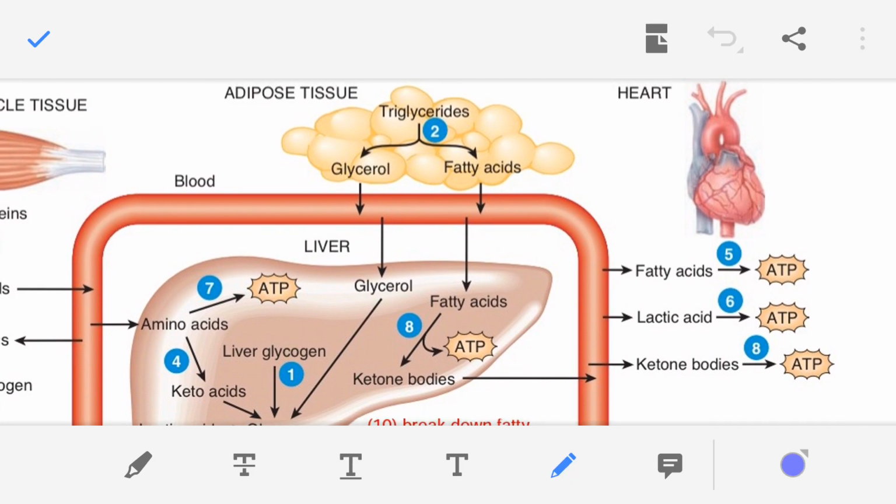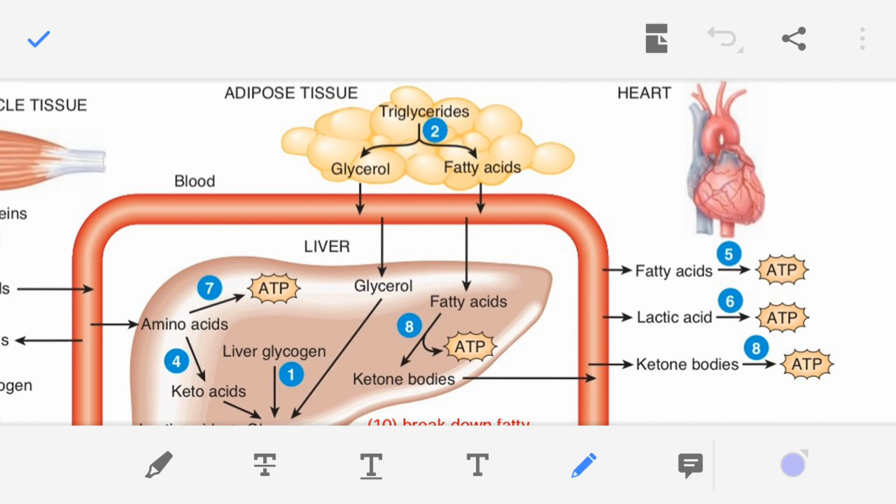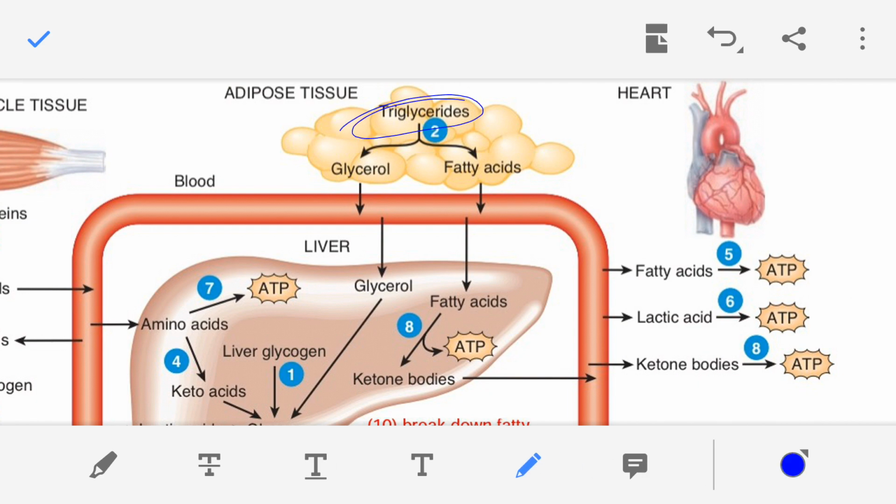So just now we have learned that in the adipose tissue triglycerides are stored. Now what happens to triglycerides? Whenever there is a requirement, these triglycerides are converted into glycerol and fatty acid in the adipose tissue, and the glycerol and fatty acid are poured into the bloodstream.